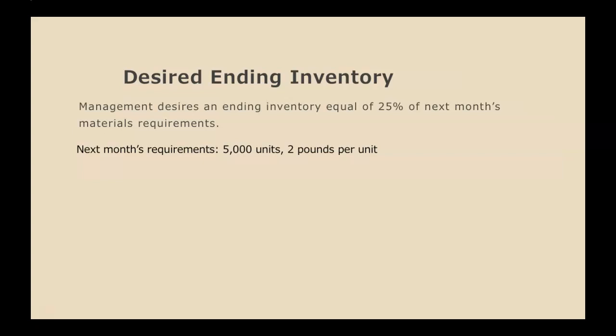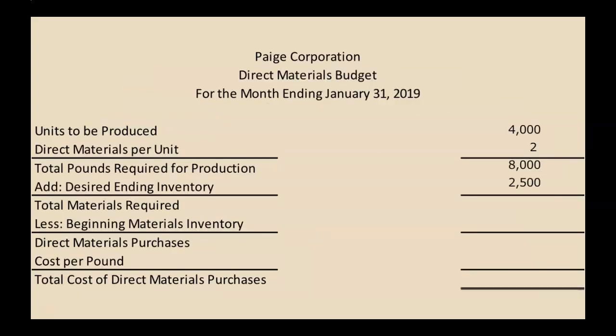Next month, we're requiring 5,000 units, 2 pounds per unit, which is 10,000 pounds, right? We want 25% of that in our ending inventory going into next month. So that's going to be our 2,500 that we'll put here for our desired ending inventory.